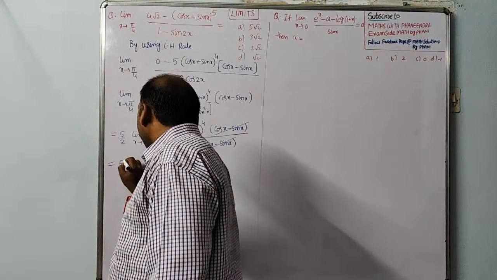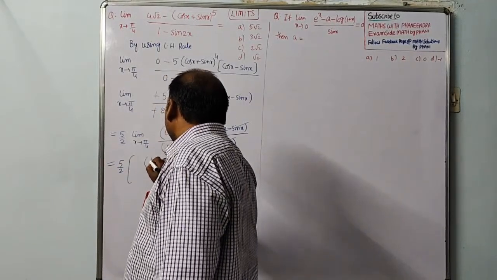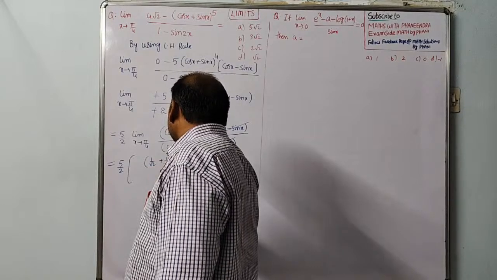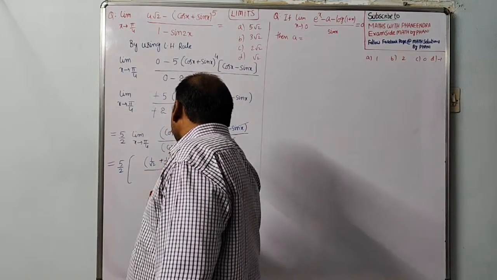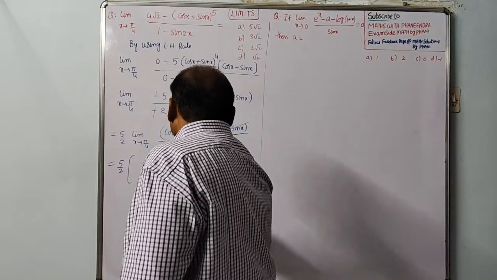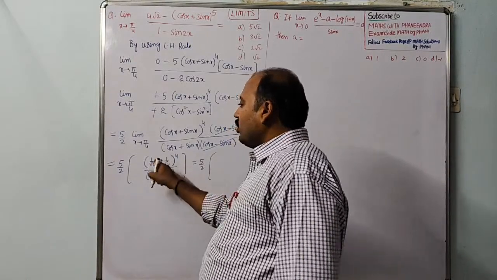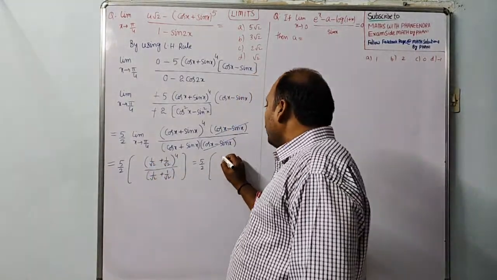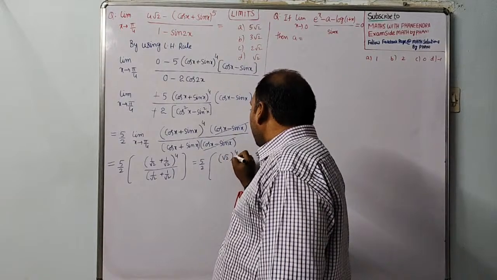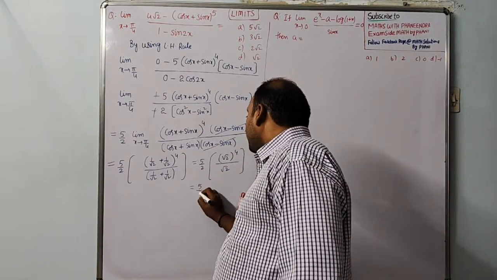So you will get 5 by 2 into, x is equal to pi by 4, substitute 1 by root 2 plus 1 by root 2 whole power 4 divided by 1 by root 2 plus 1 by root 2. So which is equal to 5 by 2. This 1 by root 2 plus 1 by root 2 is 2 by root 2. 2 by root 2 means what? Root 2. Root 2 whole power 4 by root 2. That is equal to 5 by 2.